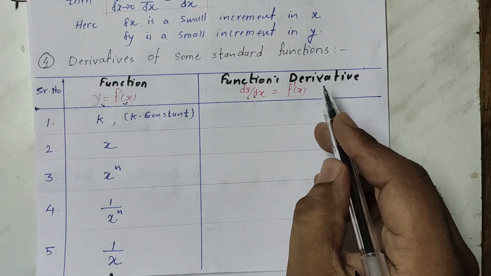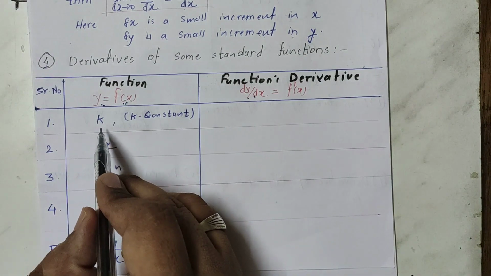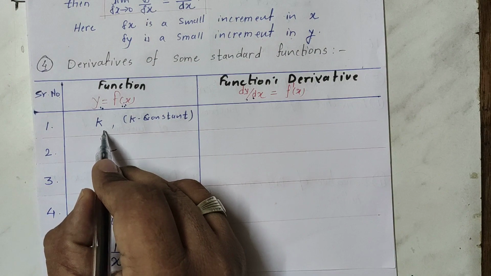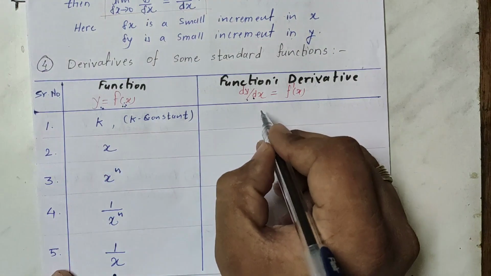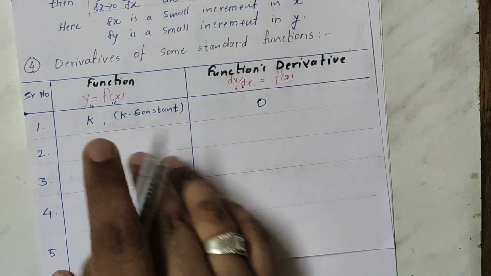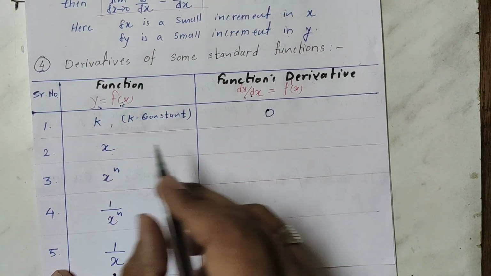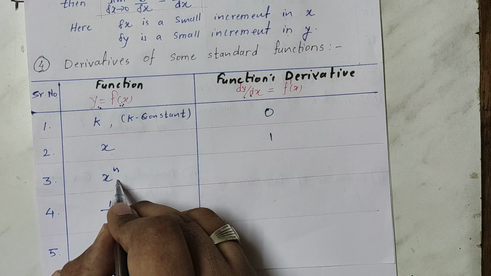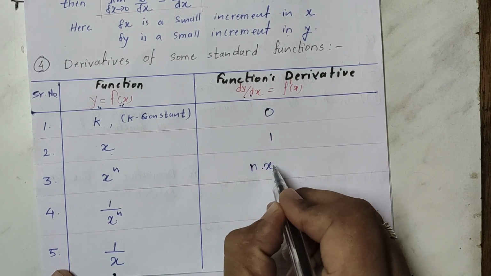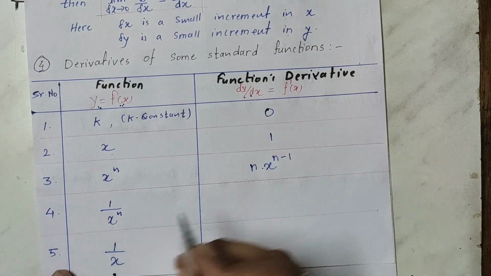Okay, then we start. First function is k, meaning constant; any constant, its derivative is 0. Then for x, the derivative is 1. For x raised to n, the derivative is n x raised to n minus 1.